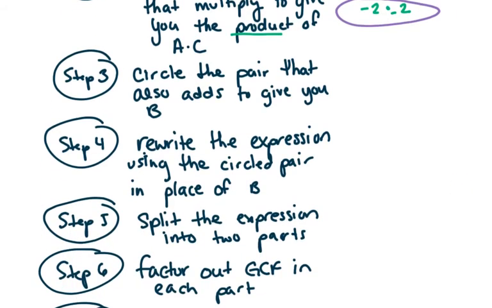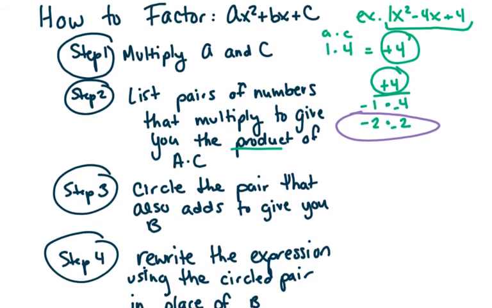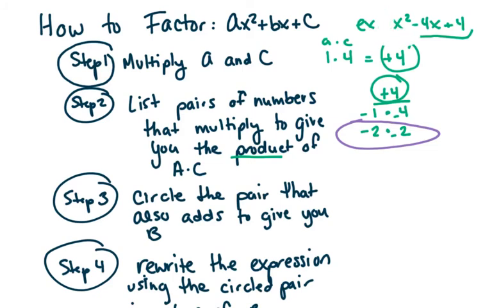Then it says to rewrite the expression using the circled pair in place of B. So I'm rewriting this expression, but instead of the middle, I'm going to use these two pairs.